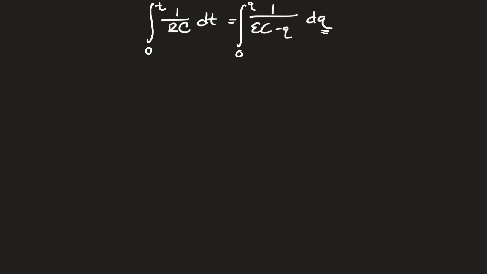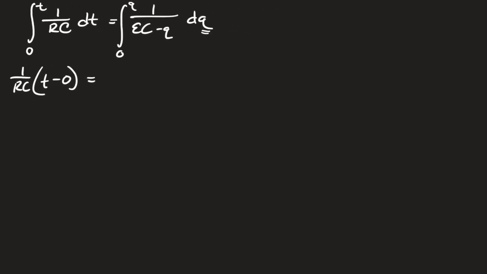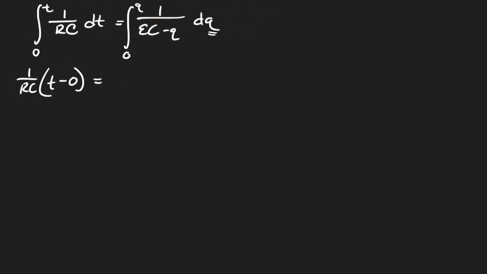Either way, the left side of this is super easy to deal with. The left side of this is just going to be 1 over RC times t minus 0. That's no big deal. The right side is so not happy. It's so complicated. We're going to have to do one of those calculus things.